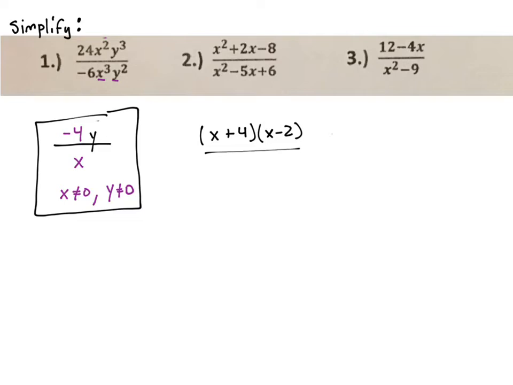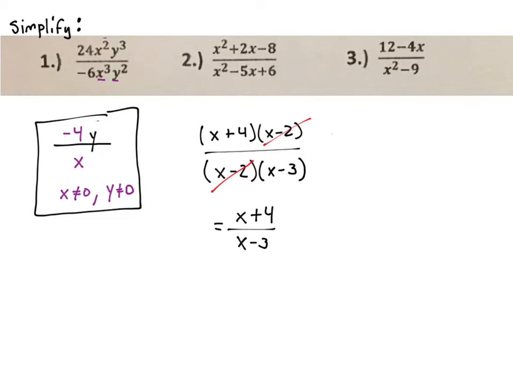On the bottom, we have factors of 6 that add up to be negative 5, well that's going to be negative 2 and negative 3. So as we go to simplify these, we should see that these two quantities are the same, so they'll cancel. And so what we're left with for our final answer is x plus 4 over x minus 3.